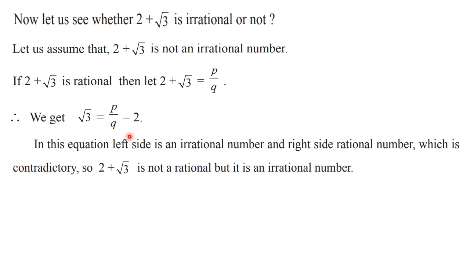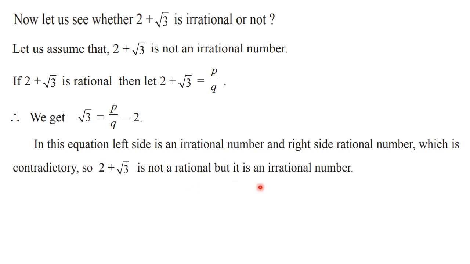And why does this contradiction arise? Because of our wrong assumption. What we assumed is that 2 plus root 3 is not irrational, that means it is rational. So our assumption was wrong, and because of that wrong assumption we got a contradiction. Therefore, we can say that 2 plus root 3 is not a rational number, but it is an irrational number.